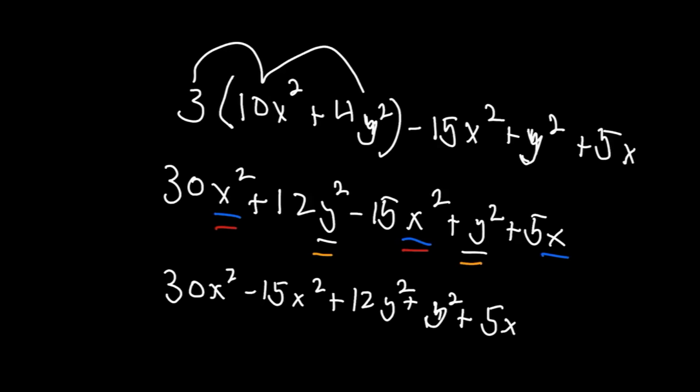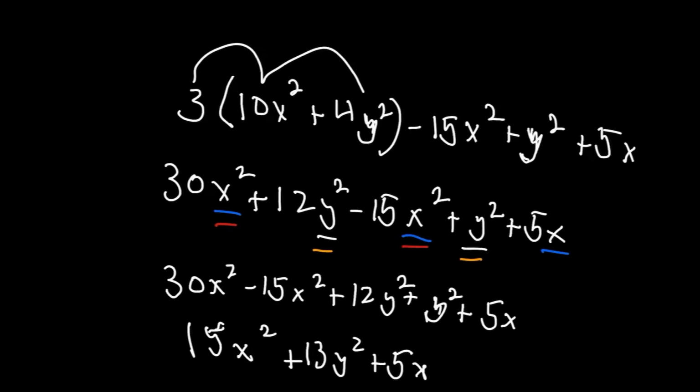So now I'm going to combine my like terms. You get 15x squared for 30 minus 15. And then 12y squared plus y squared is going to be 13y squared. And then plus 5x, as it has nothing to combine with in the equation.